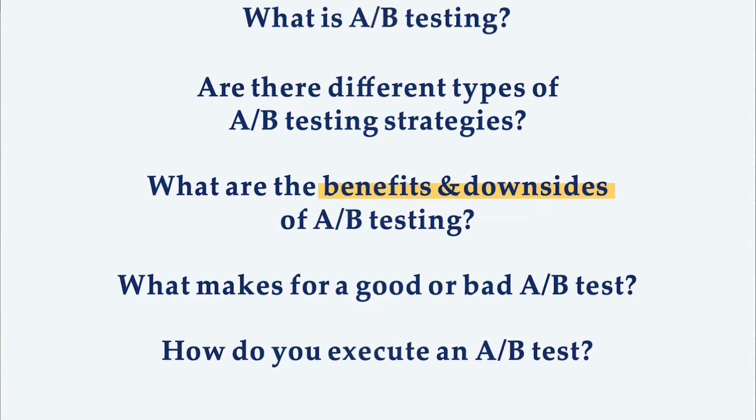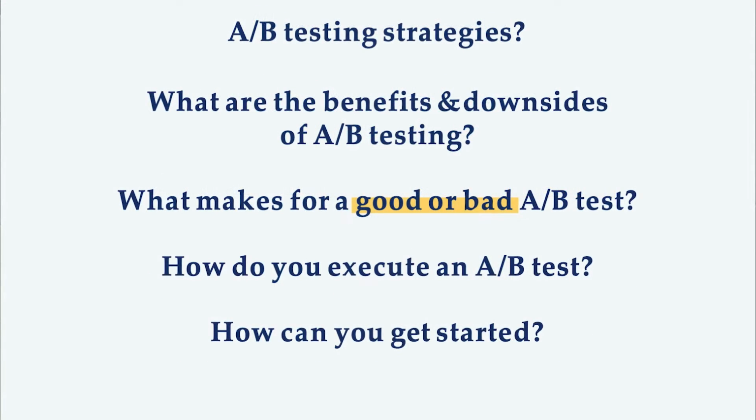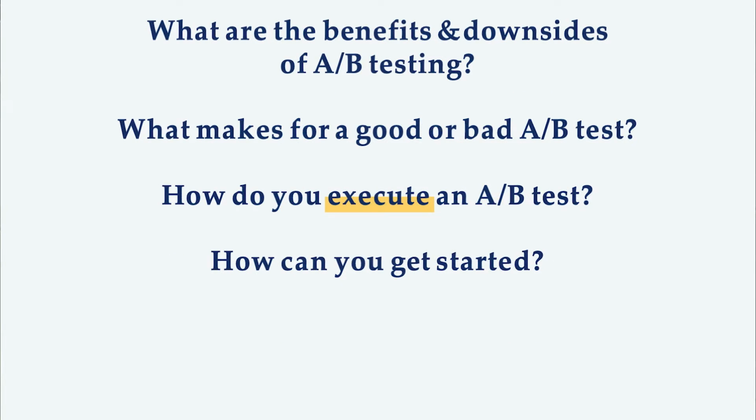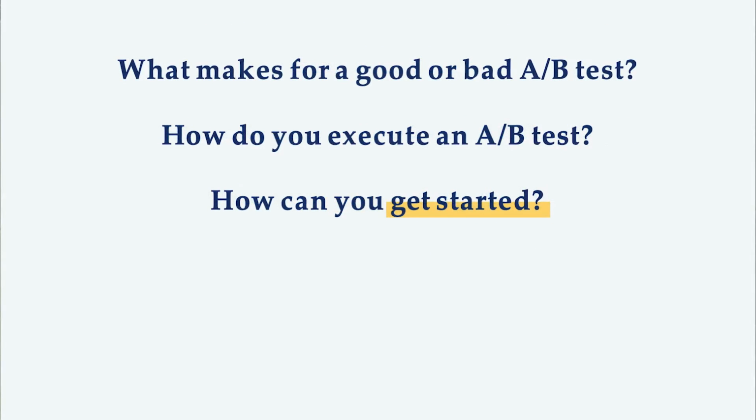And then, following that, we also have some good and bad examples of A/B tests. And then after that, we will talk about the actual execution process and what kind of best practices look like around that space. And then we'll leave you with a few thoughts on how you can get started after today with A/B testing.